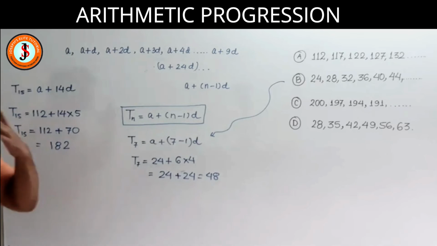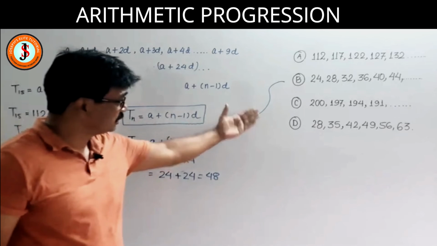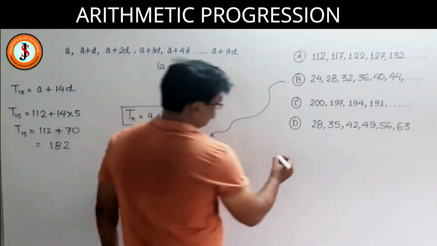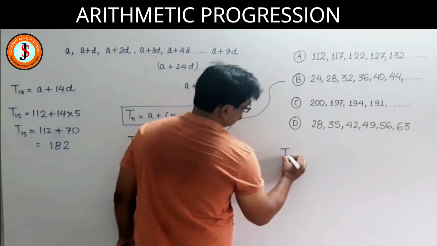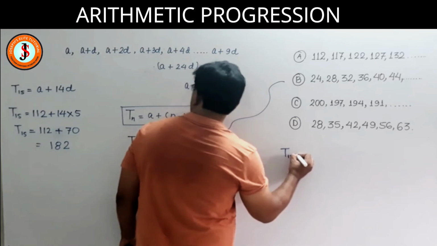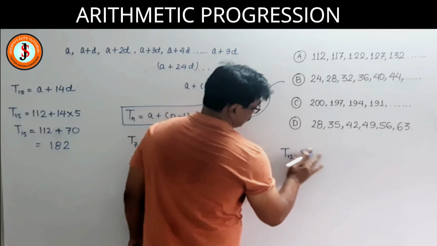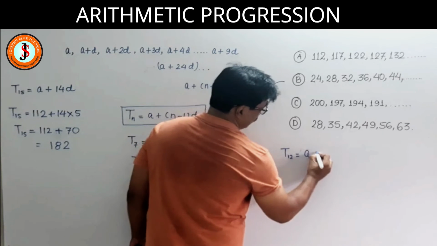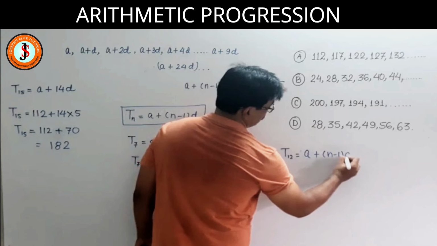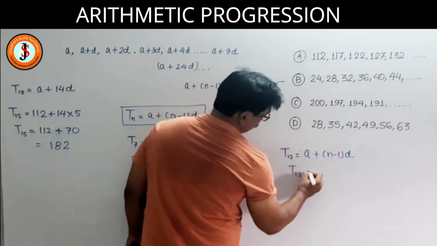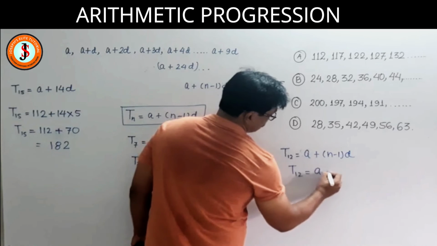Now I come to the example C. What is the 12th term of this? So T12 I have to find out. The formula is A plus n minus 1 into D. So T12 is equal to A plus 11D.